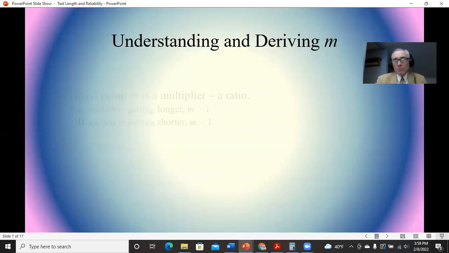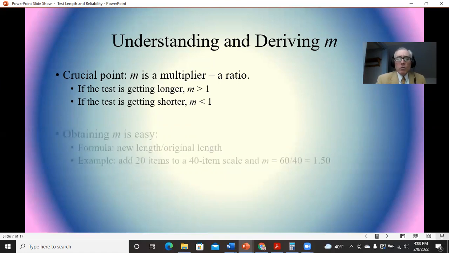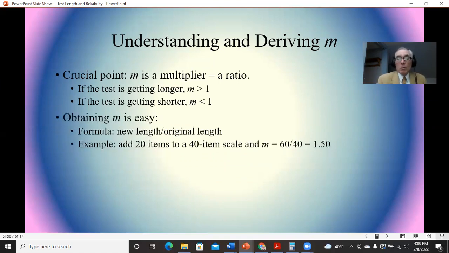But what about m? The thing to remember about m is that it is a multiplier. In a sense, it's good that they used the letter m because of modified, but the fact that it's a multiplier and that starts with m kind of helps us to remember this. So if the test is getting longer, m will always be a number greater than 1. If the test is getting shorter, it'll be less than 1. But it's crucial to remember that it is a multiplier.